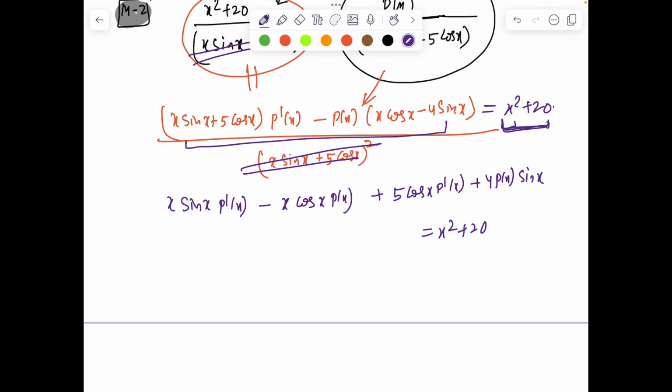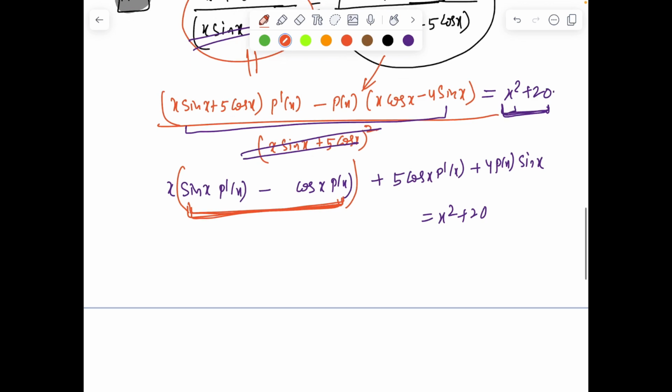So possibly if I take x common out of here, so let me take full x out of this expression. So there is some hope, like maybe I have to select p(x) in such a fashion that it can give birth to x squared too.